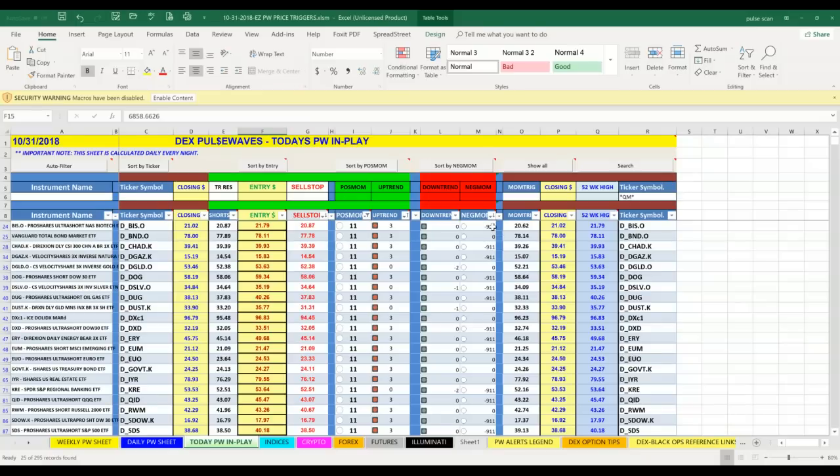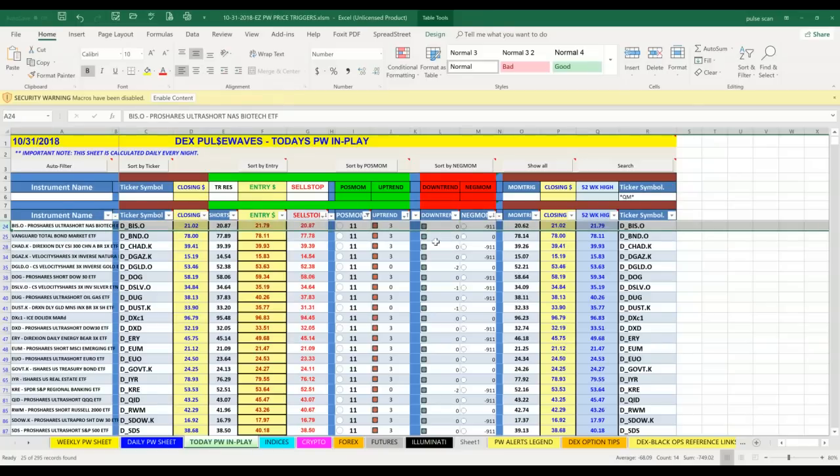Like right here, as you can see, this is the ultra short Nasdaq Biotech, ticker BIS, today. It has a crash alert in it, but you're in a bull market with locked-in momentum. So you trade with the trend. You can put the trade on, but keep in mind that this stop may get triggered and the market may reverse.